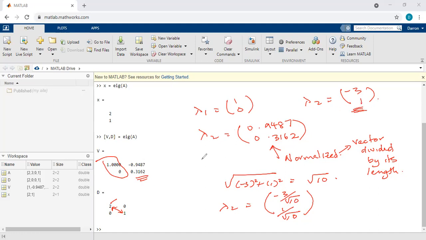Multiplying by the modulus, the length, would also give you back the values. If I multiply this by root 10, I'll get 3, and if I multiply this by root 10, I'd get 1. So that would also work.